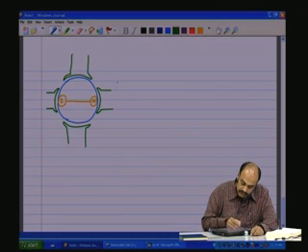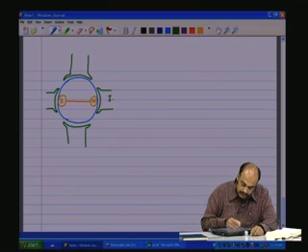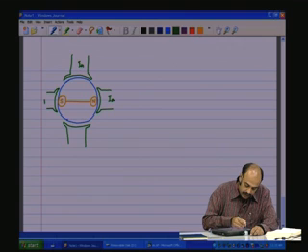All the currents flowing through this, and then this, and then this, and then this, they are all IA, IA, IA, IA, and IA is flowing through all these four.